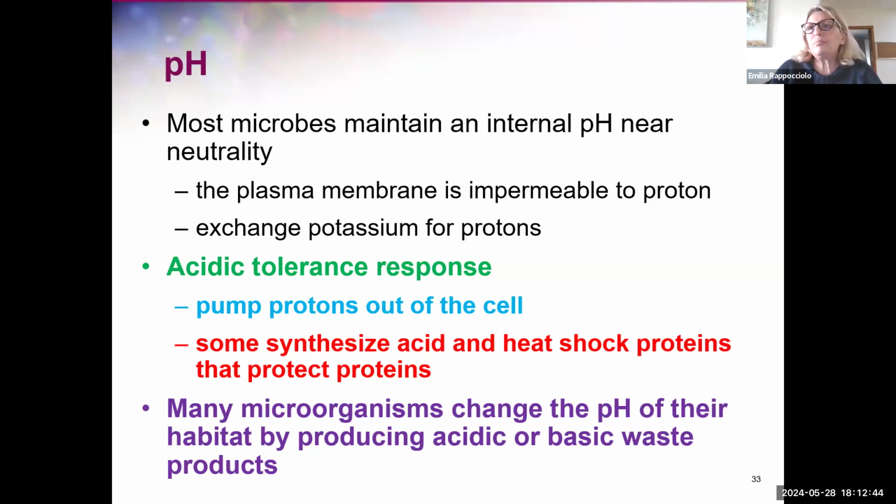This is because microorganisms, by their nature, the way that they grow, carry out metabolism, which produces something that is either acidic or basic. And so they do change their own pH around them. They don't need anything from outside to come and change the pH. So they need to be always working on maintaining the pH of the cytoplasm near neutral.